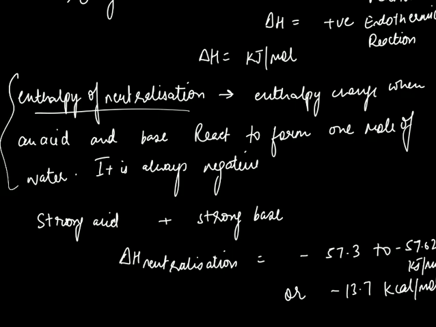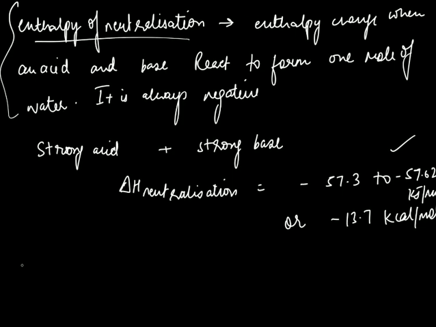If the number of moles of water formed is increased, if it is doubled, this value will also be multiplied by 2. Diprotic acids are like dibasic, right? They can replace two H positive ions, or dibasic means two replaceable H positive ions. Diprotic means they can release two H positive ions in the presence of water. So it's a similar thing.